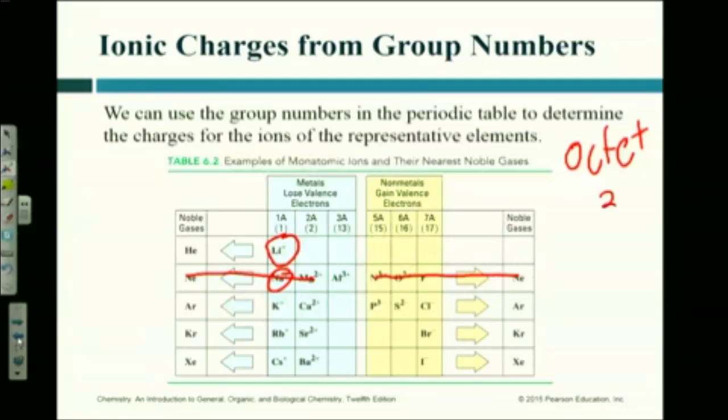If you have 2, if you have 10, if you have 18, 36, and 54. So when you have those numbers of electrons, you're happy. If you gain or lose electrons to get to there, then you're going to be happy. Okay? Does that make sense? The one that's closest to you.